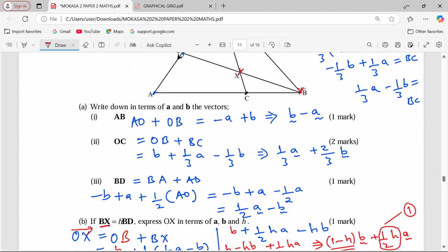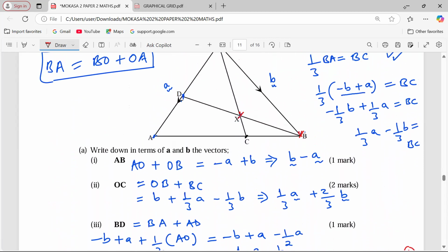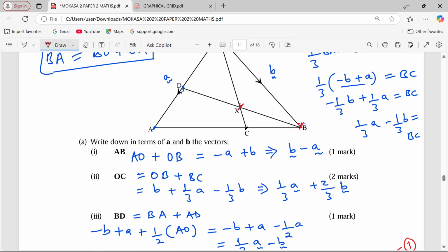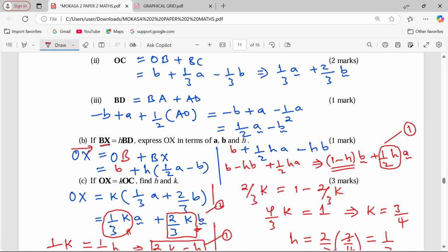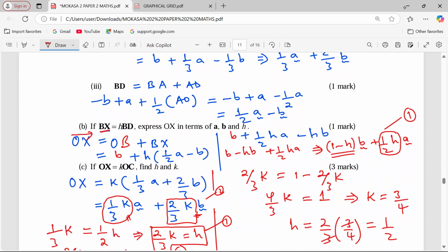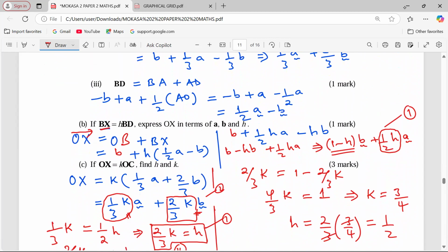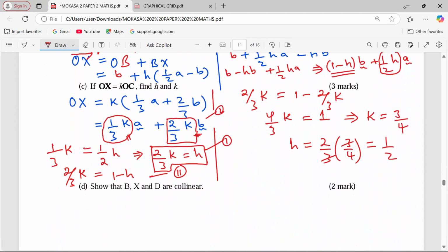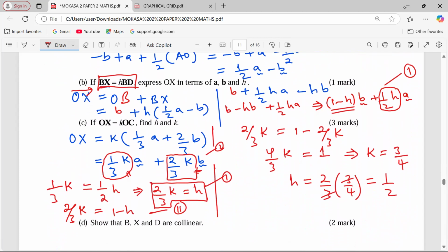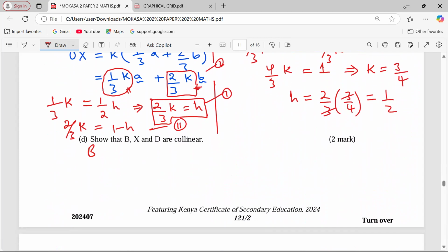We identify two vectors which can be related amongst the 3 points. For example, we have just discovered a few constants here, and they are relating the vectors in this way, such that vector BX equals H BD.